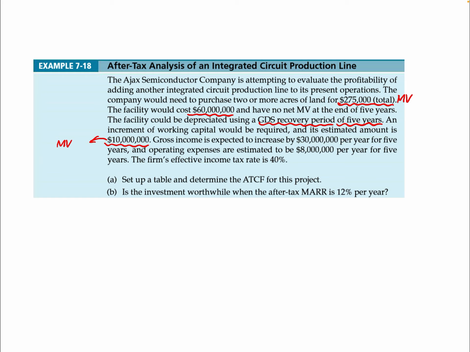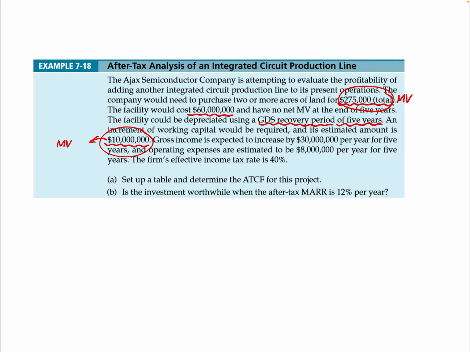So the 10 million plus the 275,000 can be seen as the market value of your initial investment. But this 60 million of facility doesn't have any market value. That's the tricky part of this situation.